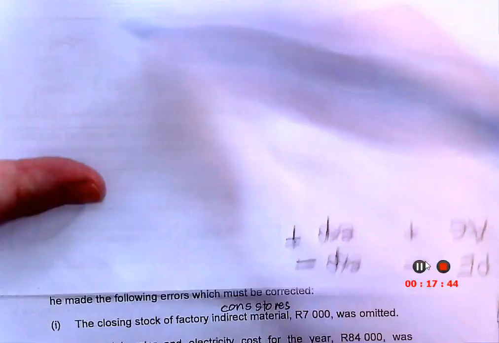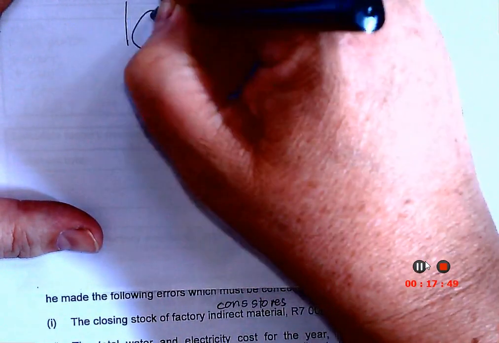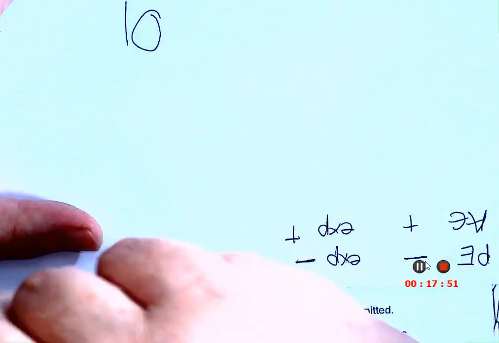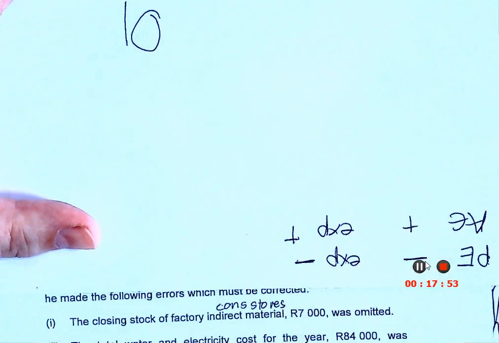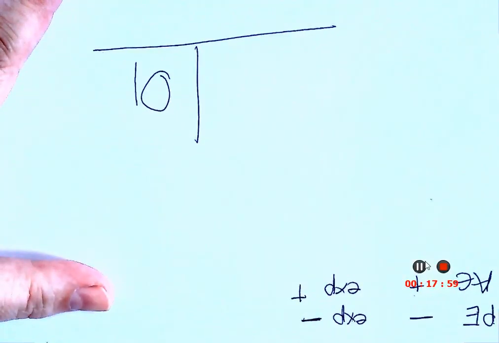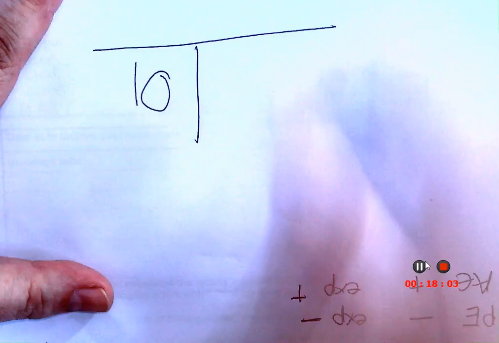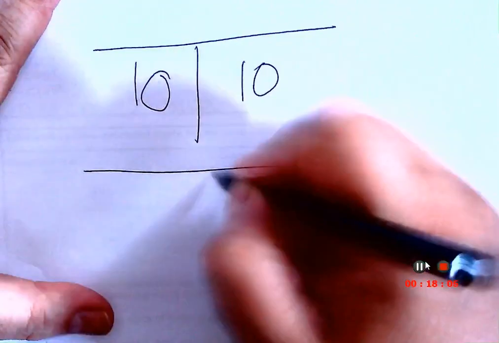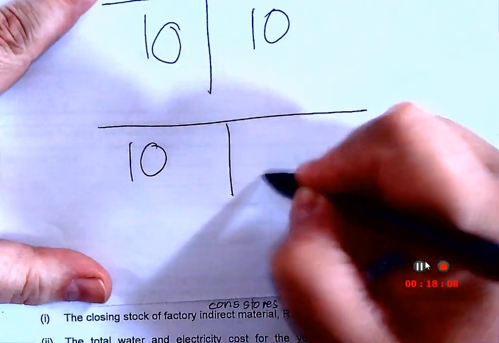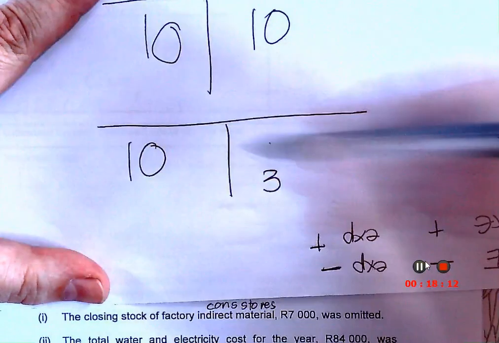Because if I say to you, you guys focus, if I say to you, you had 10 pens, that's the only information I give you. What are you going to assume? So in other words, that's my T account. So, what is on this side to close off the T account? 10. If I give you a T account and I say, oh, there's a 3 on this side, what's my factory overheads going to be?